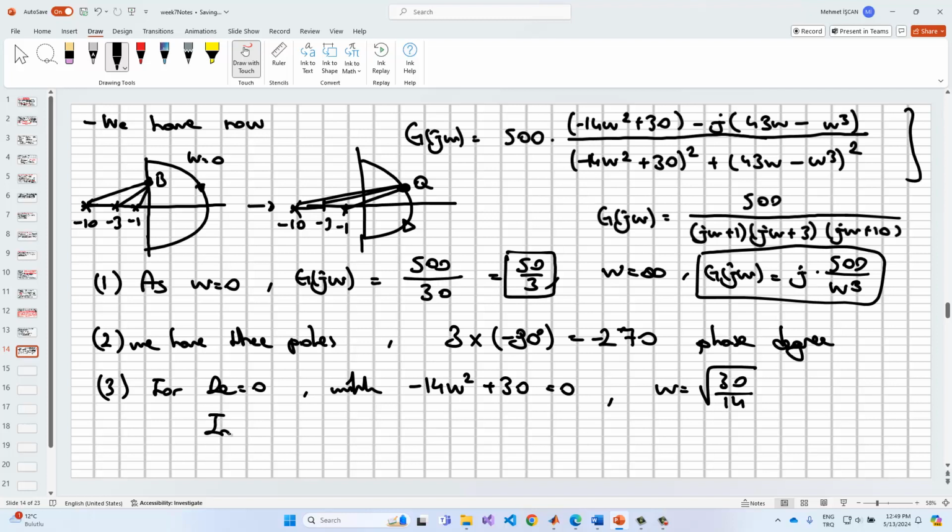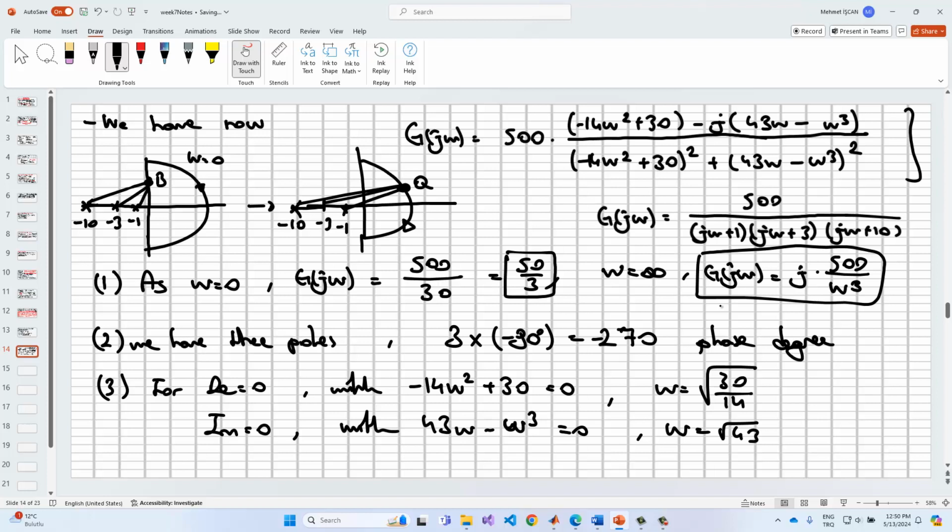If the imaginary part of this system is 0, then 43ω minus ω³ must be equal to 0, and ω is equal to the square root of 43 for the imaginary part, and the real part is equal to 0. And so these are the cases: ω is 0, and ω where the magnitude is 500 over 3.